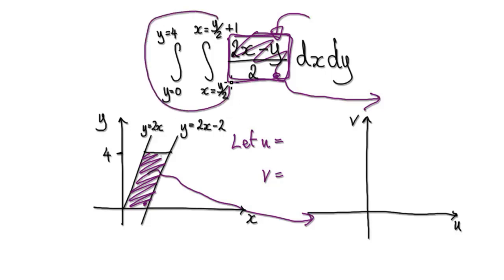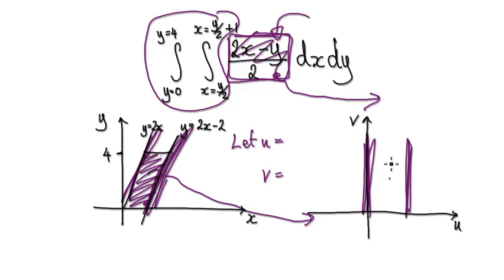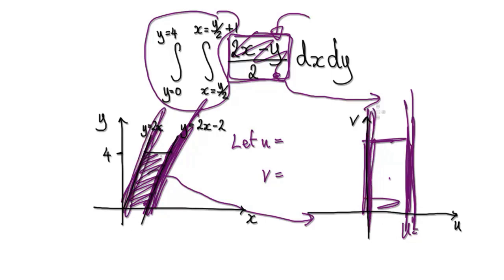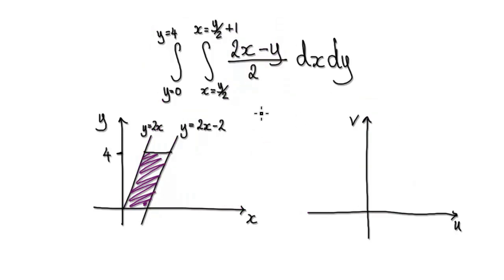Looking at the region, you want to morph these lines into constants. So you want to morph this line into some sort of constant here, and then this line into some sort of constant here.